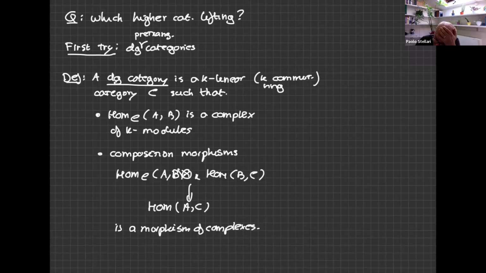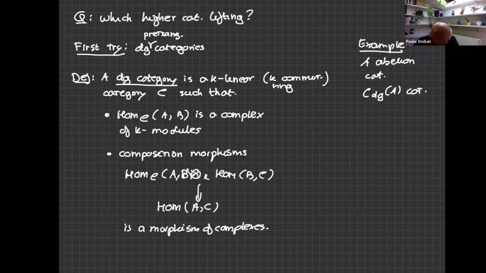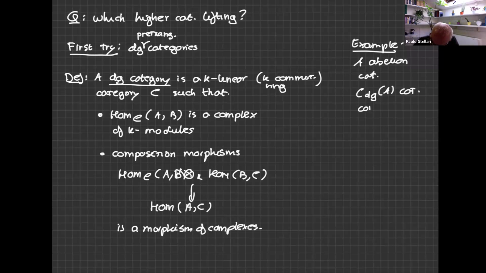Right, and of course, the example to keep in mind here is again an abelian category A. So I can take C_DG(A) to be the category of complexes in A with morphisms given by morphisms of complexes.